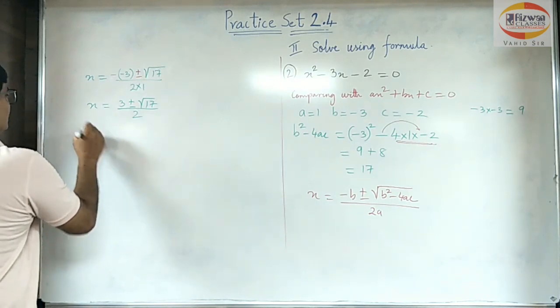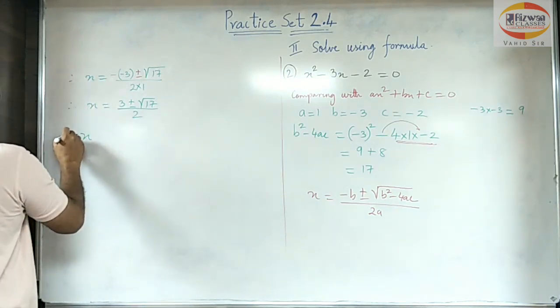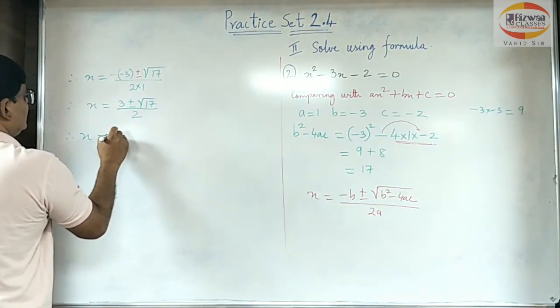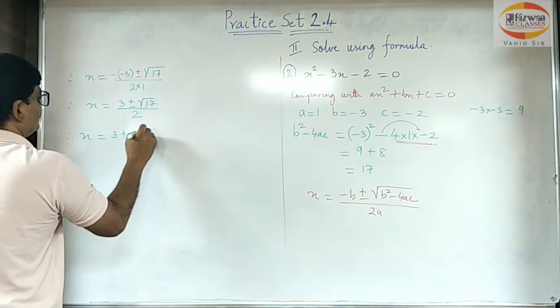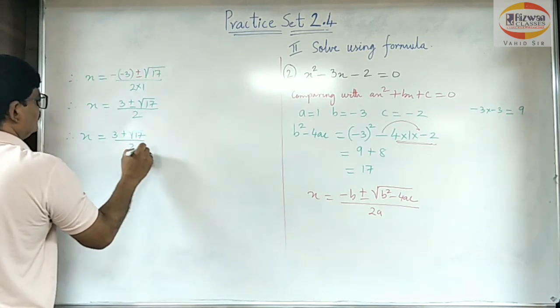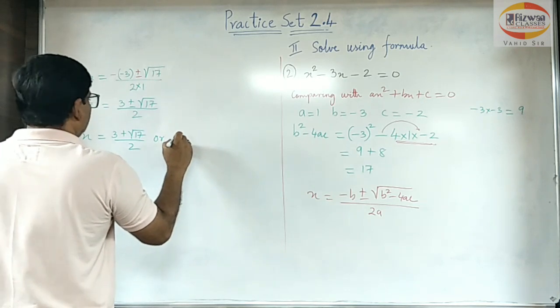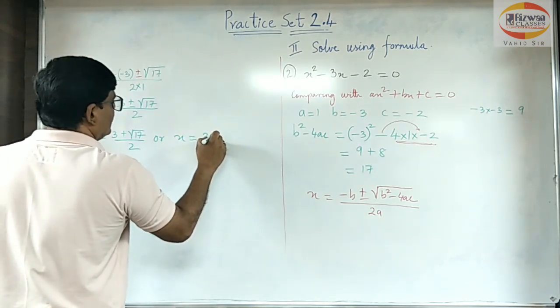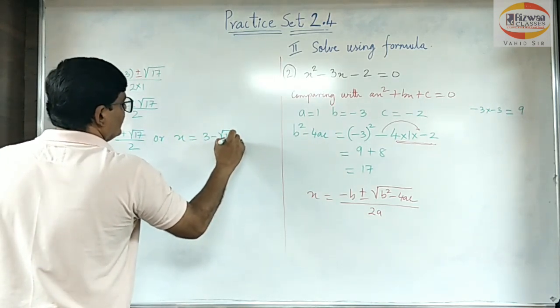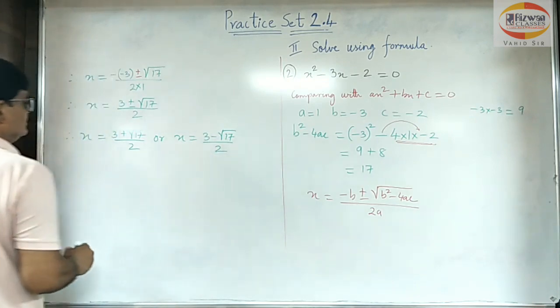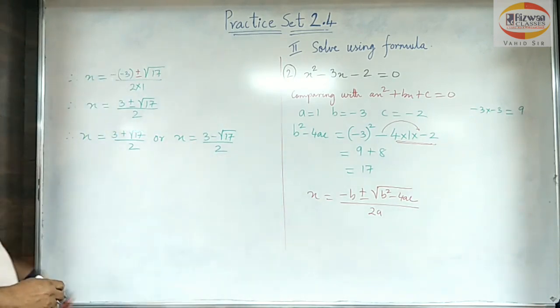So therefore you will be getting x is equal to 3 plus root of 17 upon 2, or x is equal to 3 minus root of 17 upon 2. That means you got the two roots.